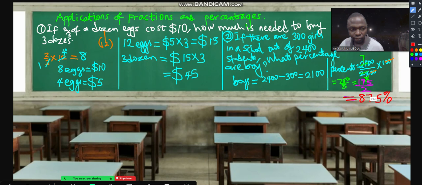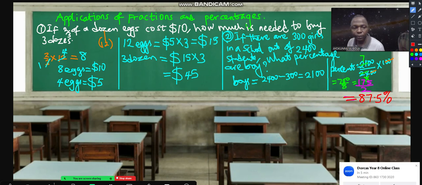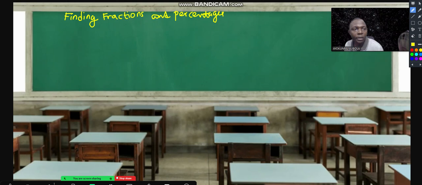Yeah. Okay, we're going to look at a little bit more concepts involving finding fractions or finding percentages. Just hold on. So we are trying to find fractions and percentages.